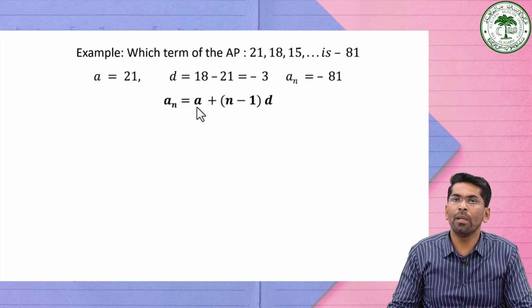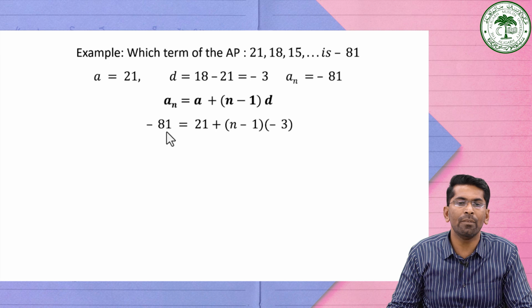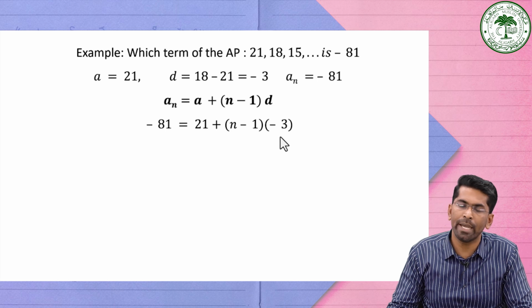So the formula we know is: an, that is the nth term of an arithmetic progression, is equal to A plus (N minus 1) into D. You just substitute here: an is equal to minus 81, the first term A is equal to 21, but we don't know what n is, which we want to find out, minus 1, into D, the common difference, which is here minus 3.